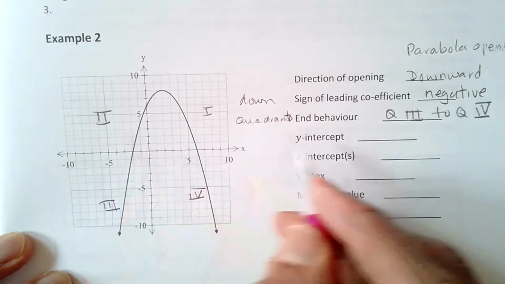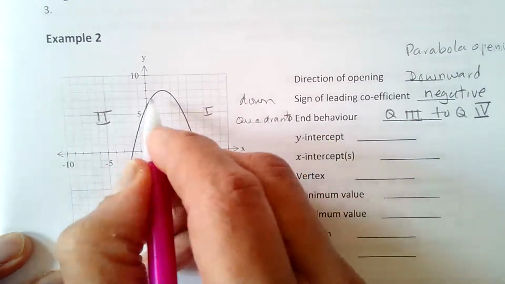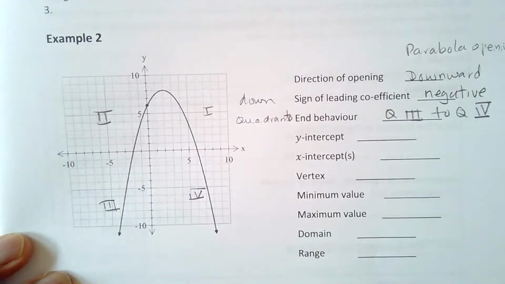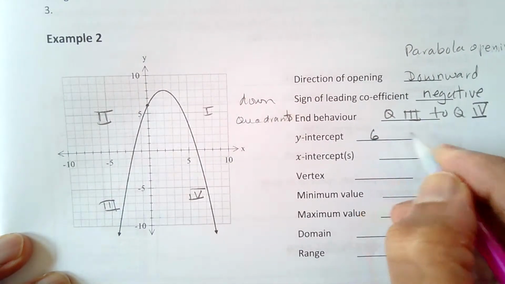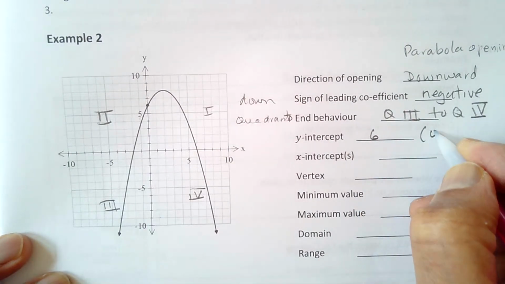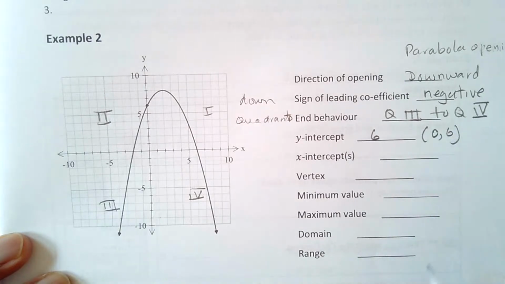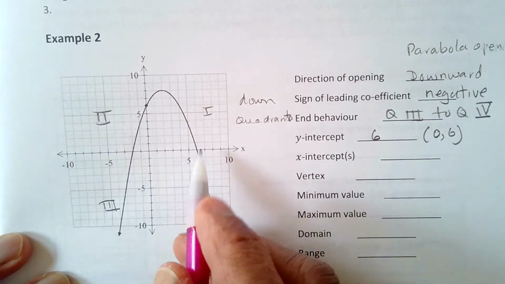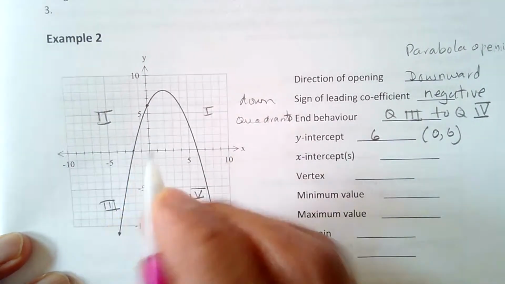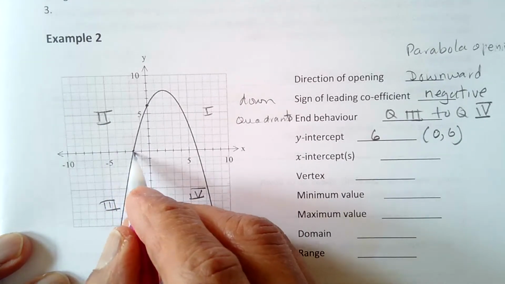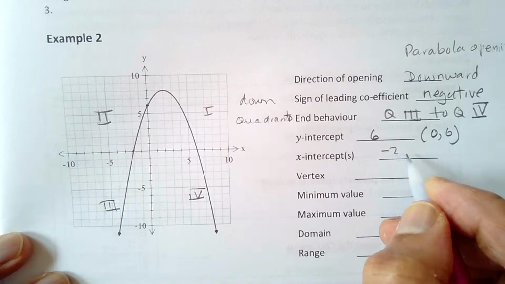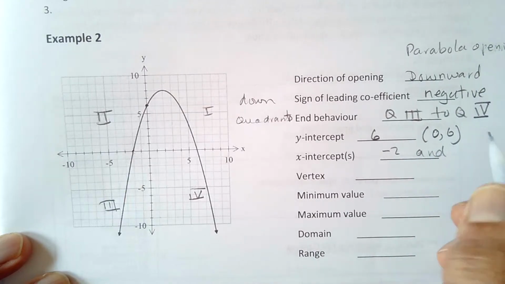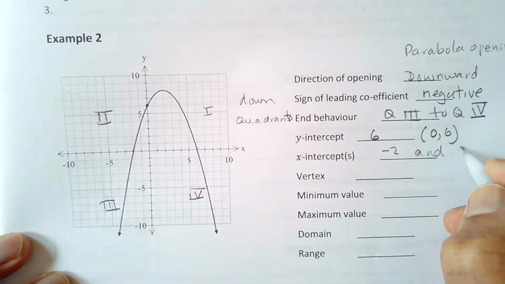The y-intercept first, is that point there, which is 6. Or we can say x is 0, y is 6. The x-intercepts there, 2, could be -2 and 6.